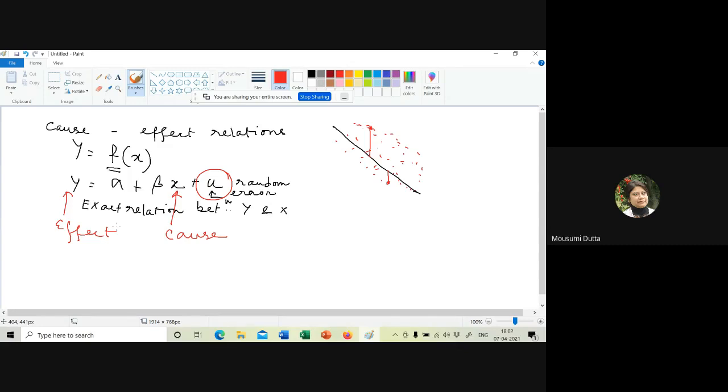So, if there is nothing endogenous in the system, in that case, you can say econometric relations gives us cause and effect kind of relationship.